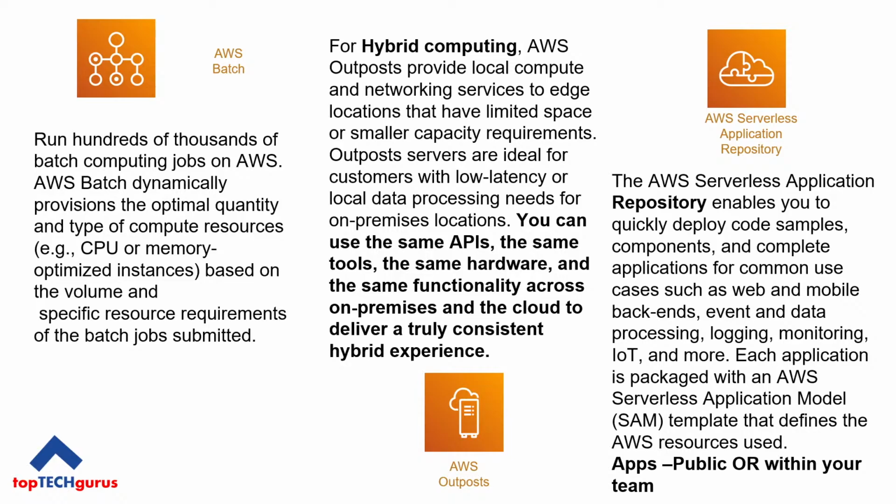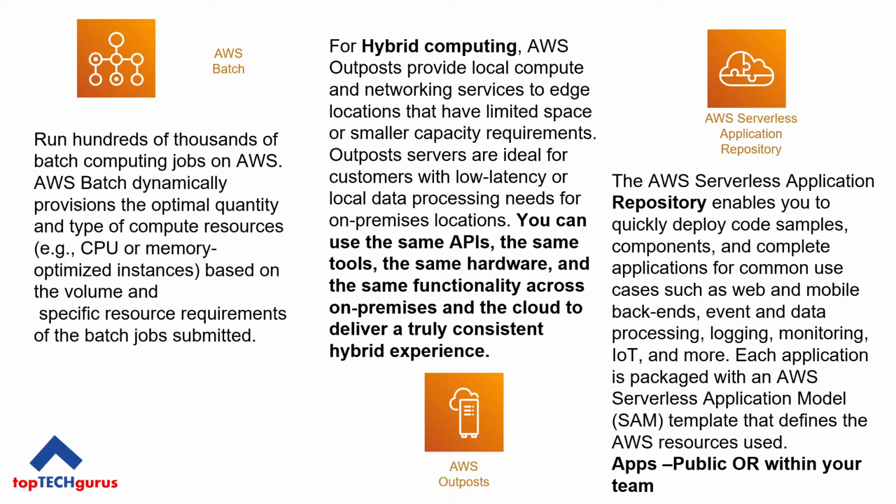It's ideal for customers who want low latency or local data processing. They don't want their data processing to happen on the cloud, because they want their data processed with low latency at their locations. They don't want to go through the internet, go to AWS, process the data and then come back.